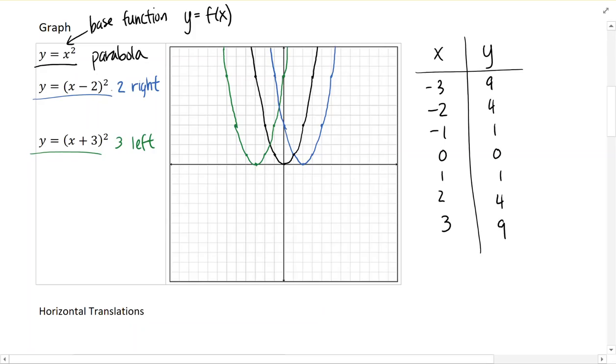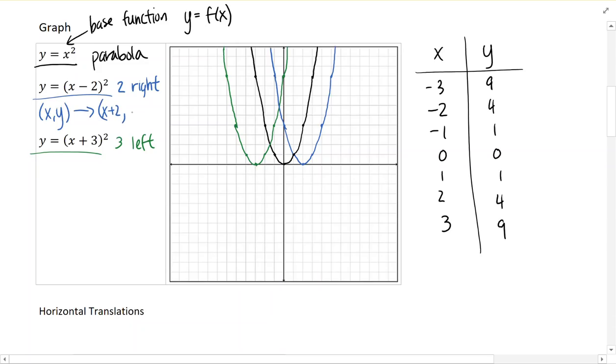Looking back at this blue graph, since we moved 2 to the right, if we think back to mapping, when we have our x and y value, we have moved 2 to the right. That means our x value has been affected. And since it's 2 to the right, it's a plus 2, so it's going to be x plus 2.